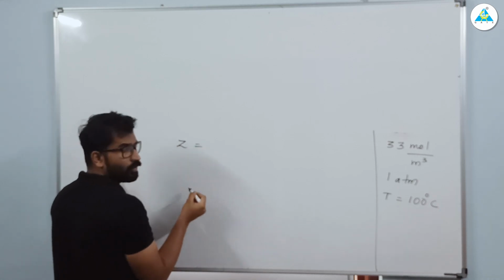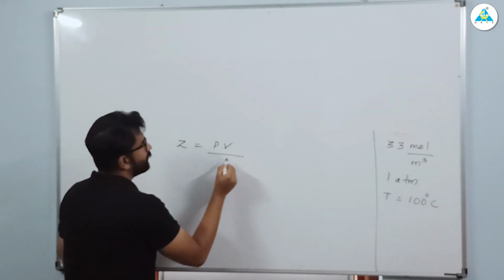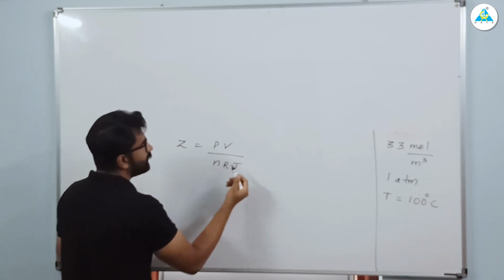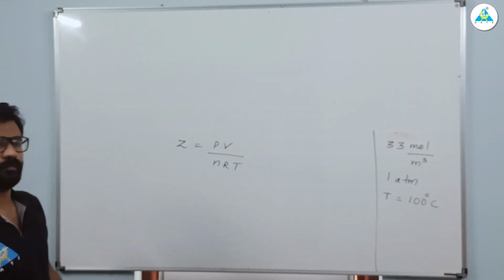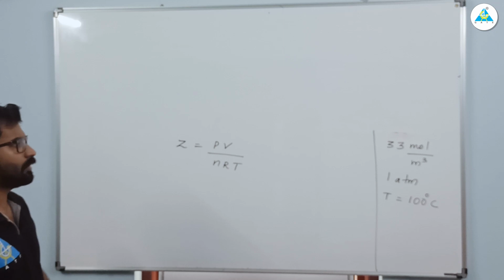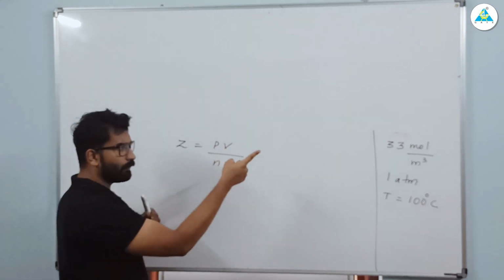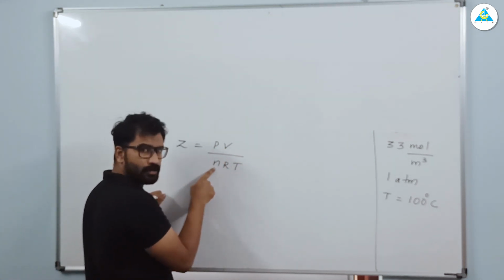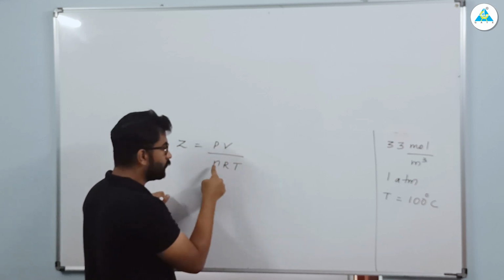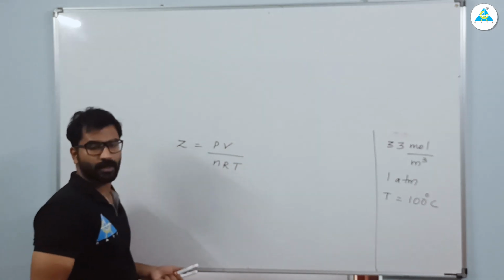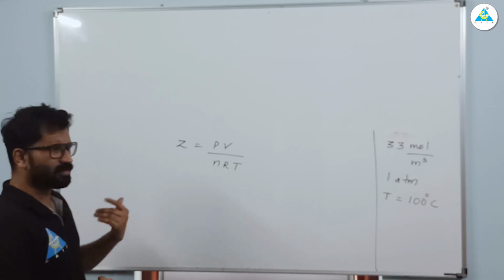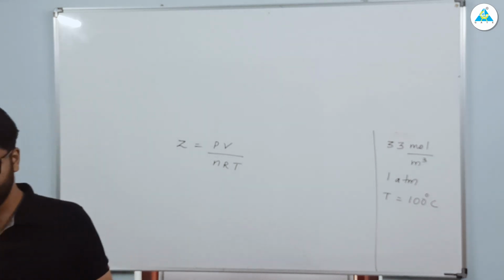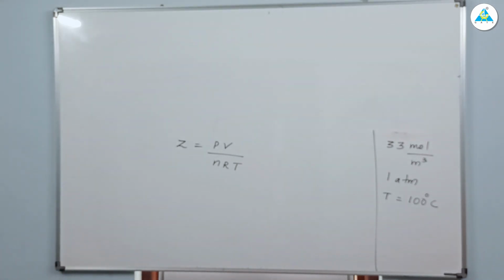Compressibility factor is PV divided by N into R into T. Clear? So what is molar density? Mole per meter cube. So N is in mole, V is in meter cube. So N by V value is already given to you. So solve the remaining, then find the answer. Simple, right?